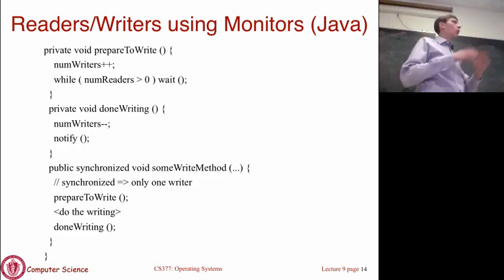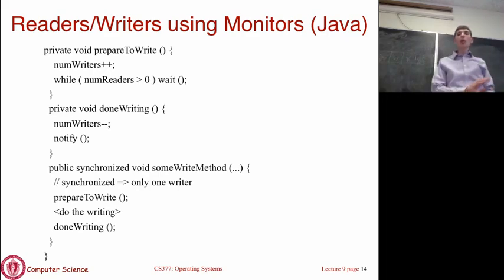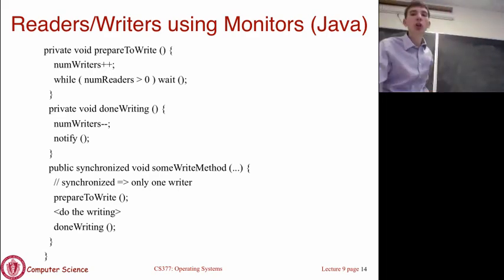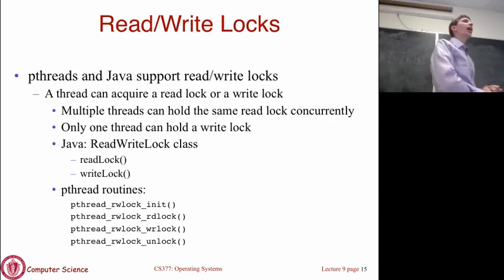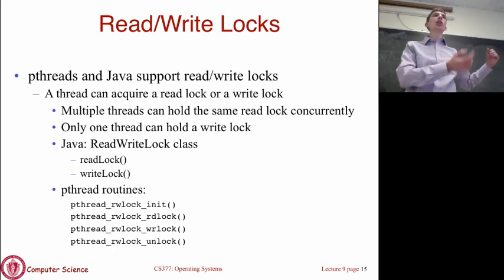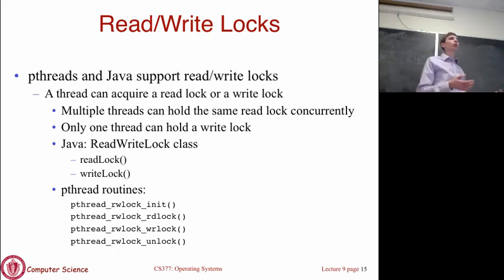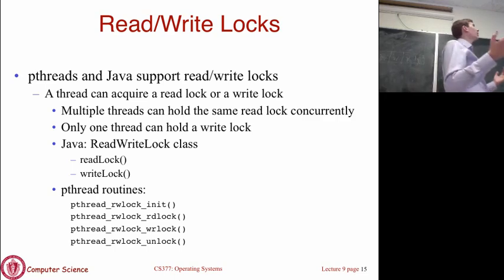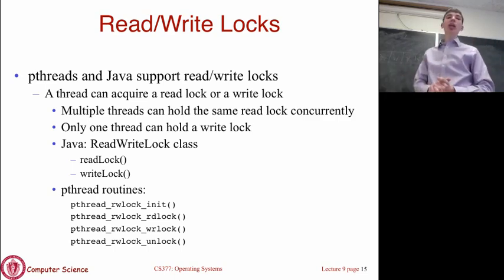So we've given a couple of examples of how to do this read-write approach. Now, the good news is that in most cases, when you're actually writing programs, you don't have to write this kind of code to manage readers and writers yourself. Most programming libraries, such as Java or pthreads, provide out-of-the-box support for this using what's called a read-write lock.